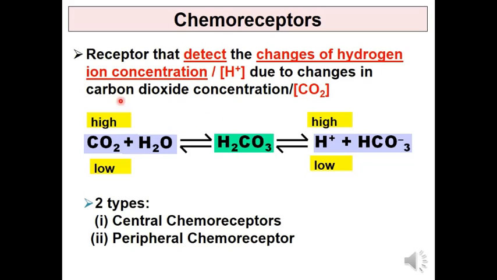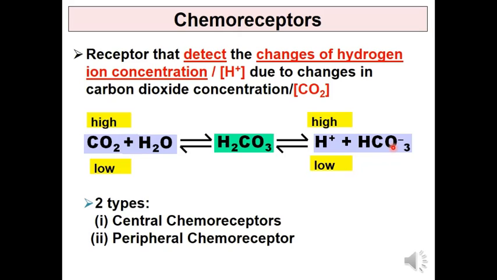Like we discussed before, carbon dioxide will combine with water and form carbonic acid catalyzed by carbonic anhydrase. After that, this carbonic acid will dissociate to form H plus and bicarbonate ion. This is when the partial pressure of carbon dioxide is high.